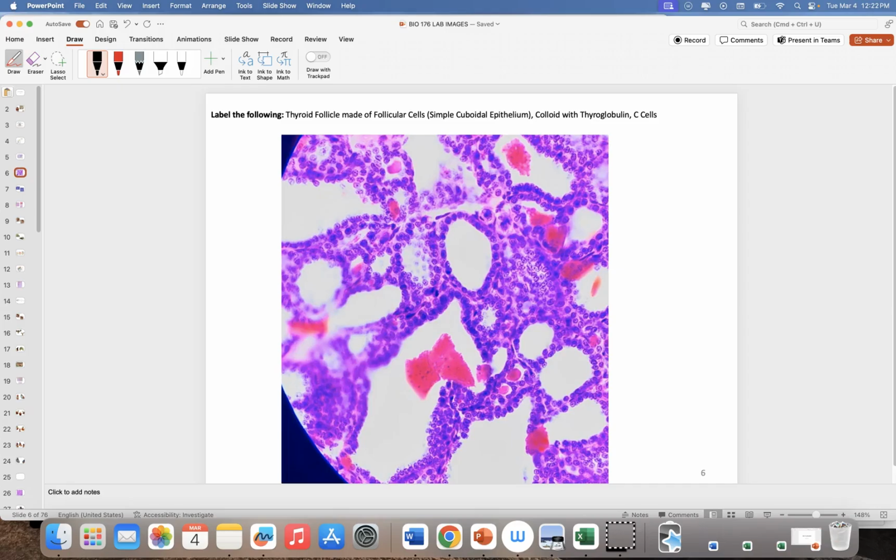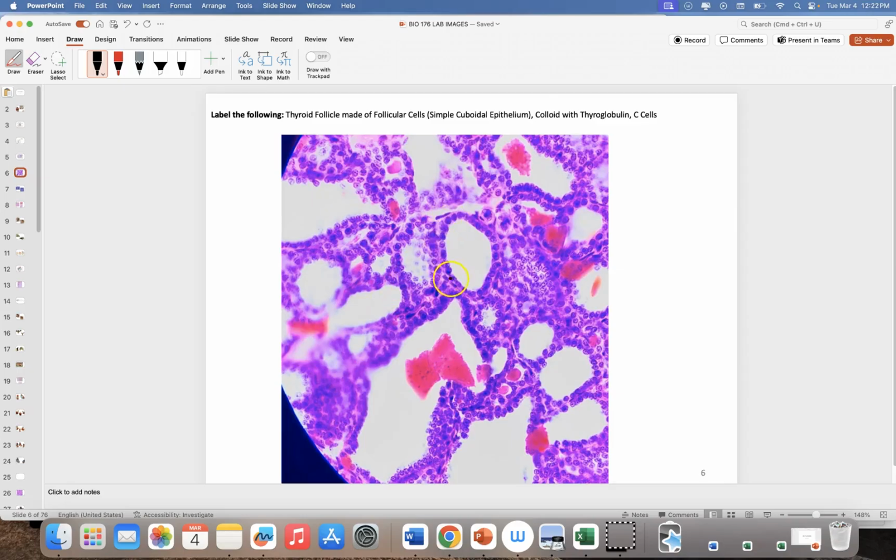And these follicular cells are simple cuboidal epithelium. We talked about simple cuboidal epithelium in A&P1. We mentioned that one of the locations of this tissue is the thyroid gland. Now we are seeing that again as we talk about the thyroid gland in more detail as it relates to the endocrine system.